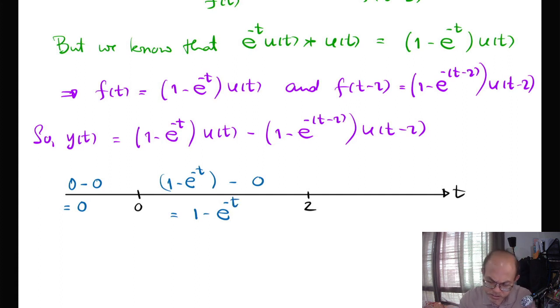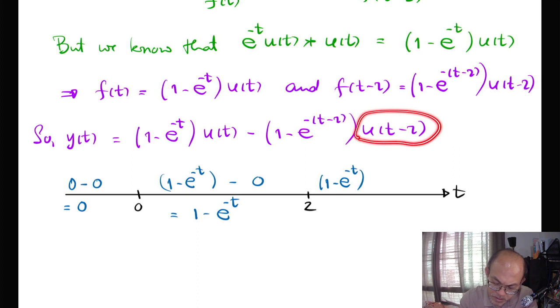And when time is greater than 2, the first term will stay at 1 minus e to the minus t, because u is 1. The latter term, now u is 1 because t is greater than 2; the inside parentheses will become positive.